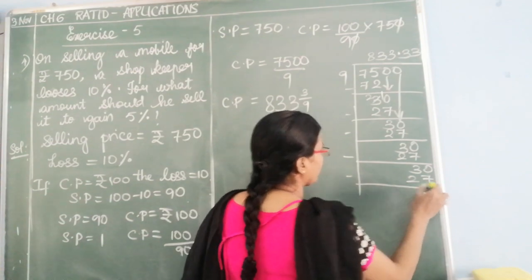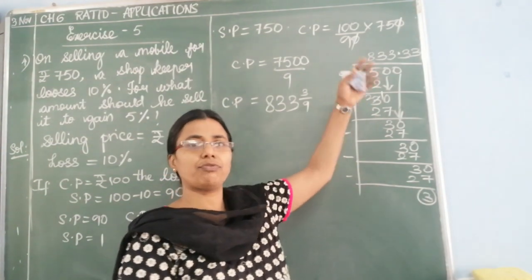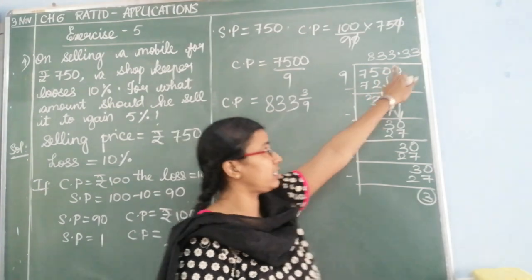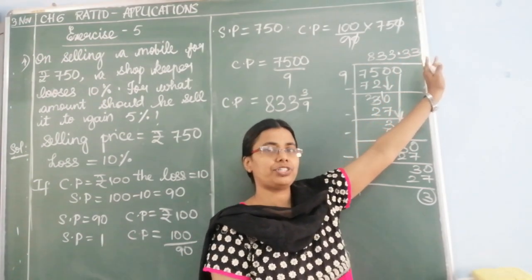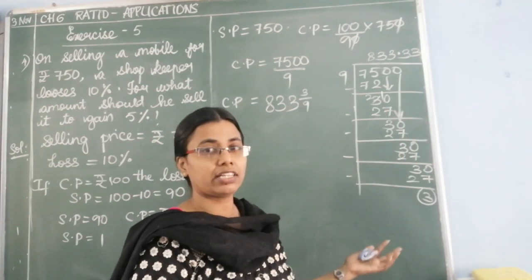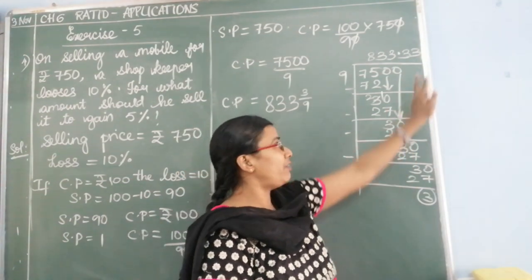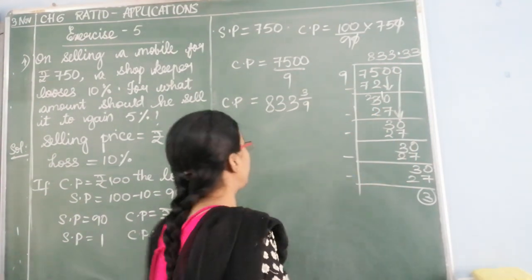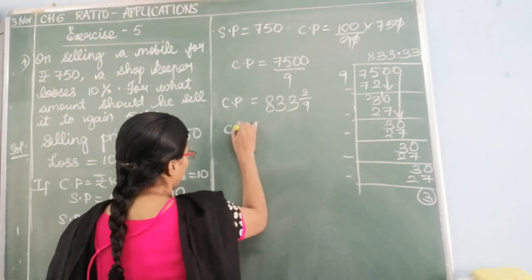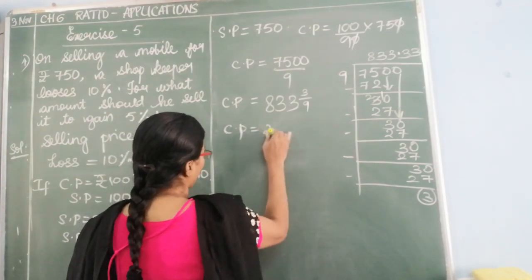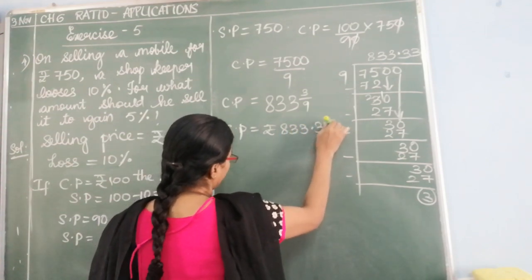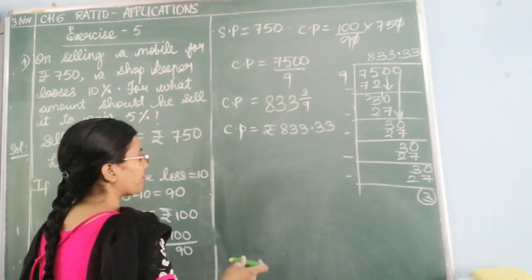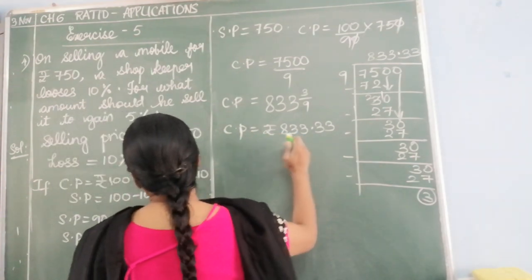The remainder is 0. Whenever we are converting, we are finding out the points, we will see that after the point there are at least 2 digits. If you are not getting the remainder as 0, we will take till 2 digits. So CP got the answer as rupees 833.33. Okay, this is the first part.